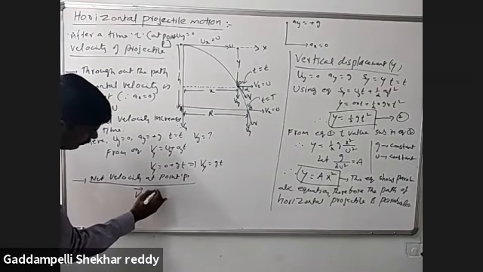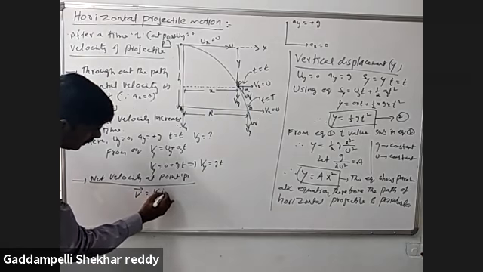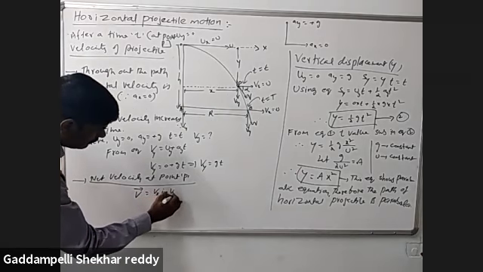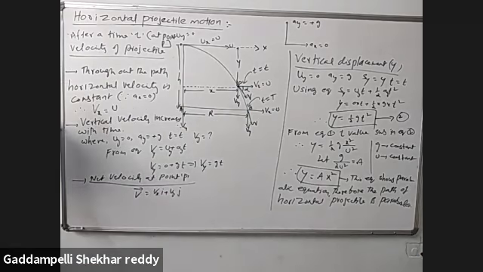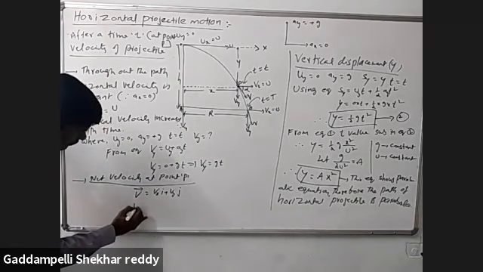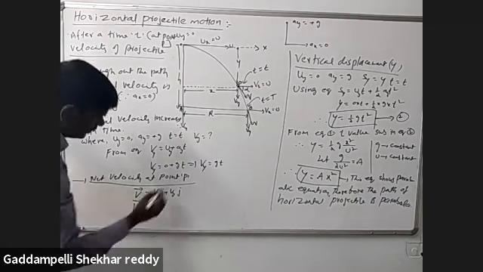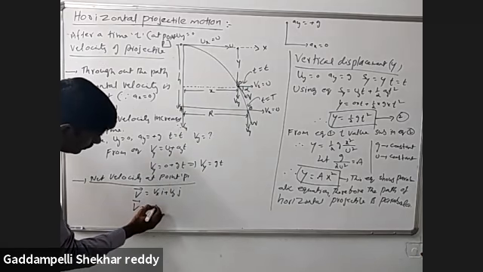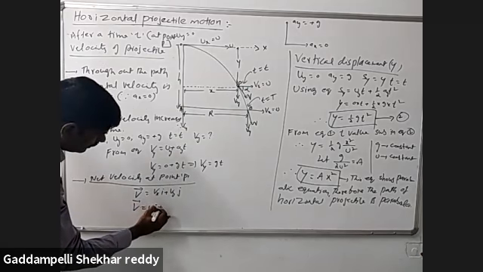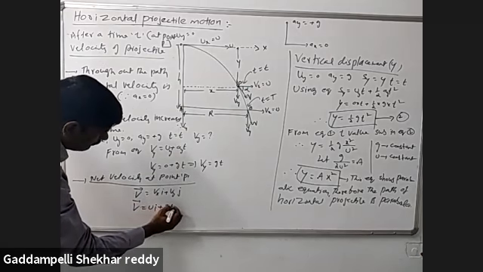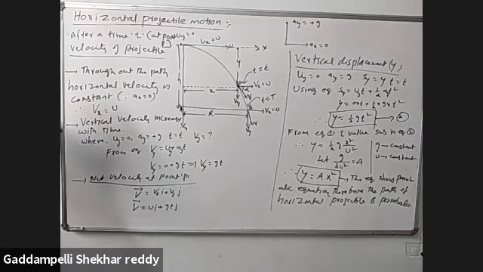V bar is equal to Vx i plus Vy j. V bar is equal to, where Vx is u, so u i, and Vy is equal to gt, so gt j. So this is the velocity at this point in vector form.